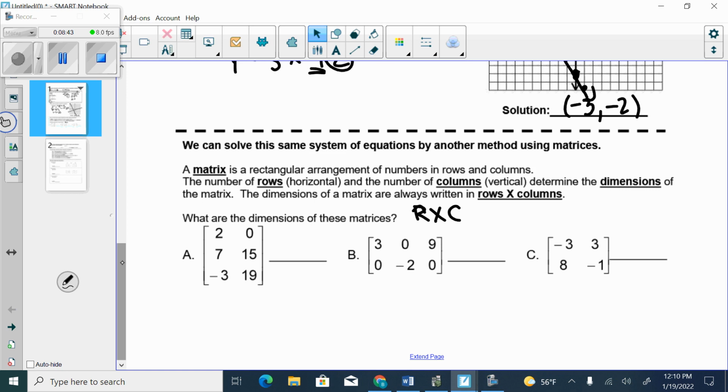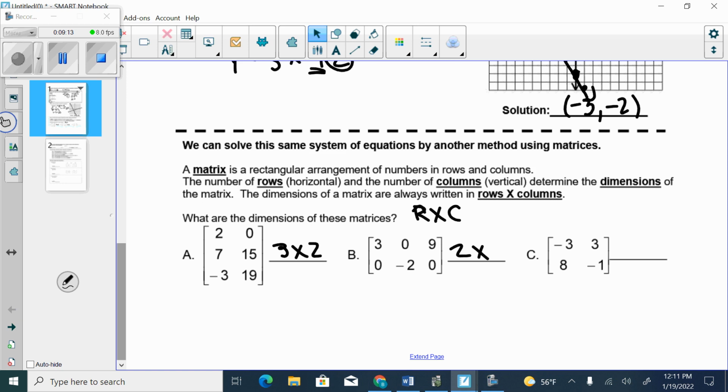Rows by columns. So on figure A, how many rows do we have? 3. By how many columns do we have? 2. So this is a 3 by 2 matrix. On figure B, how many rows do we have? 2, good.